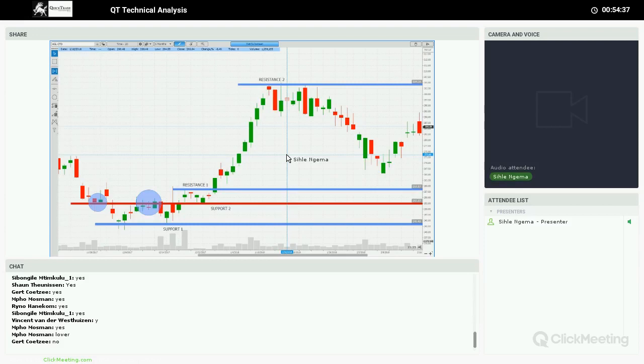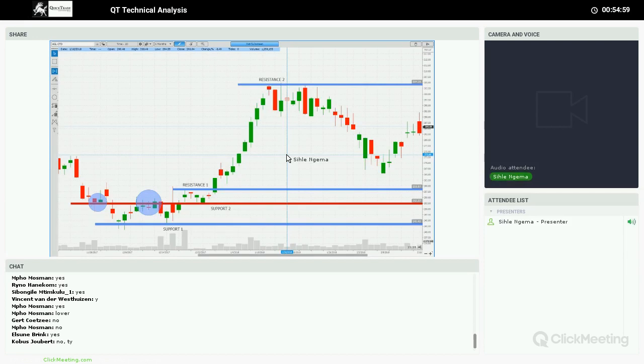Does everyone understand how I actually identify these particular areas and how to identify a trend? Because identifying the trend helps you make the right decision of either buying or selling into the share.